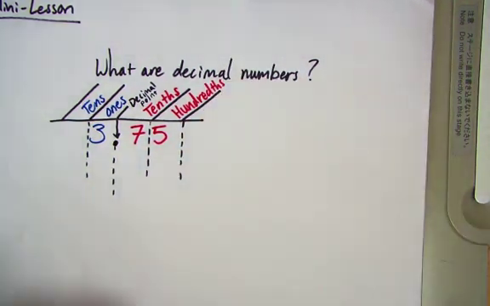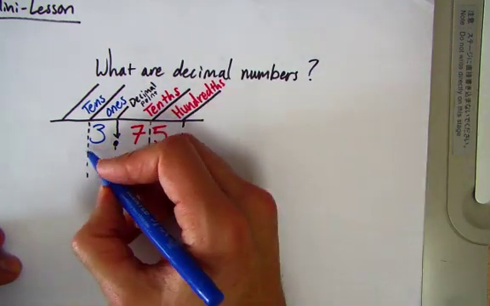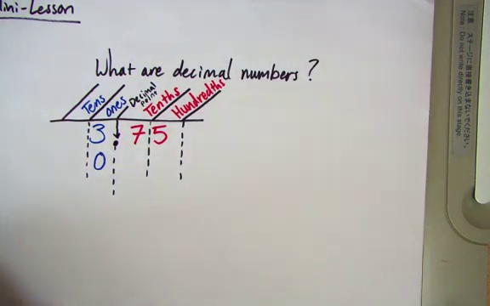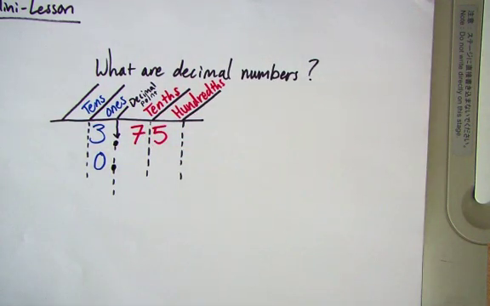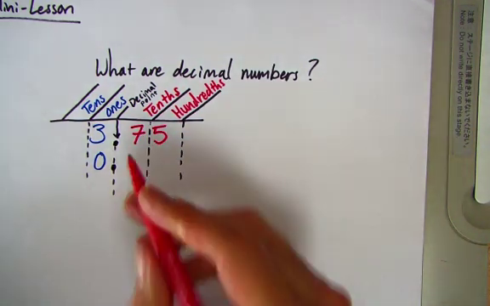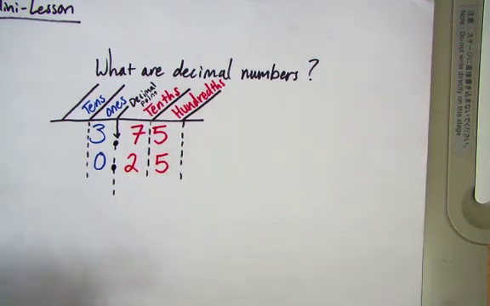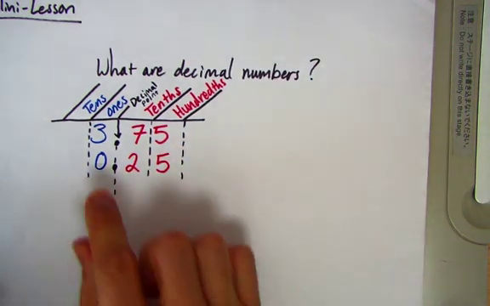Let's take another decimal number. Let's take 0 in the ones and put my decimal point in. Let's do 25. So how would you think I would say this decimal number?